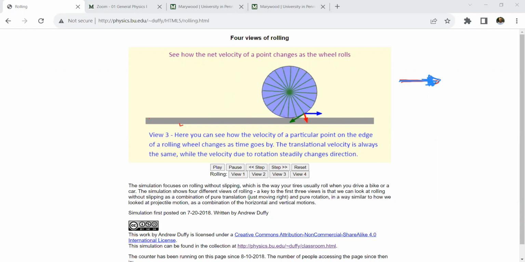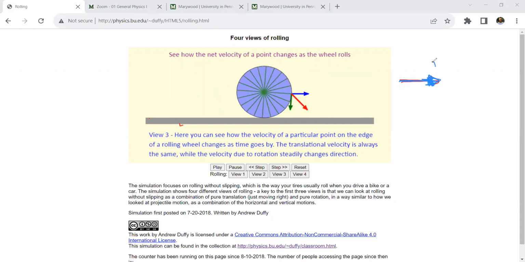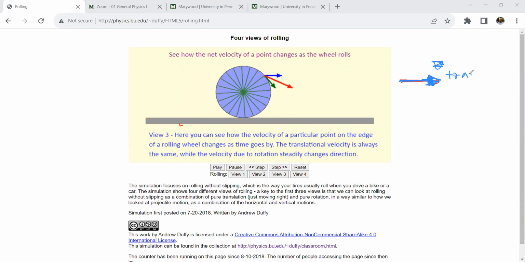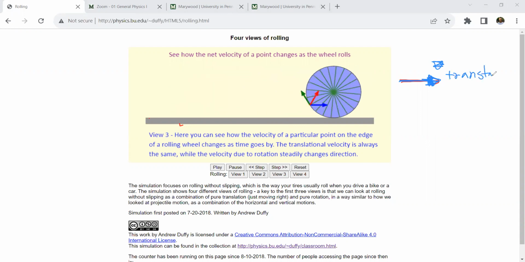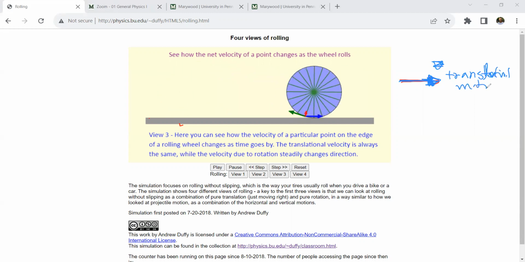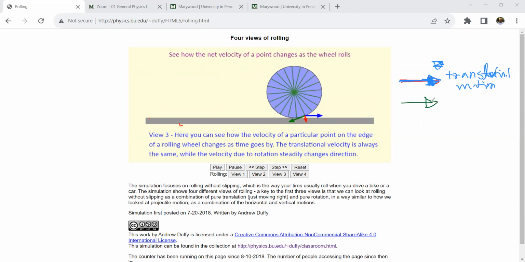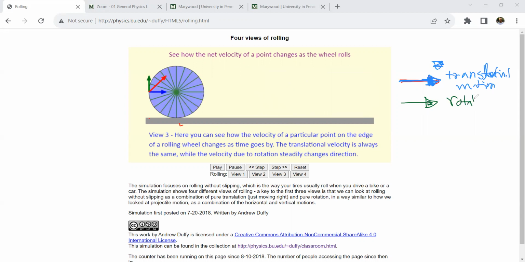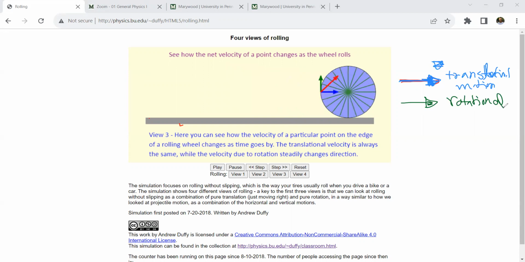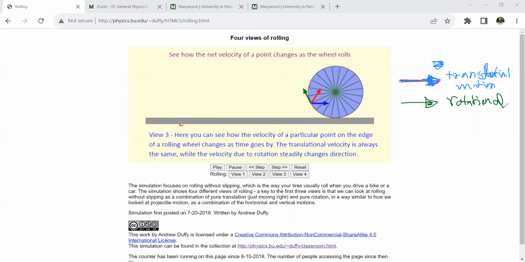On the other hand, you see that the green is always changing. So blue is because of translational motion, and green is due to rotational motion. And you see that the green arrow is always tangent to the circle.